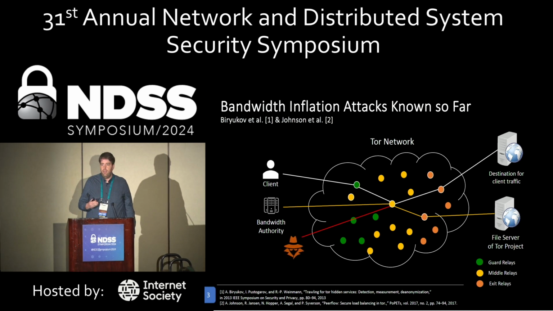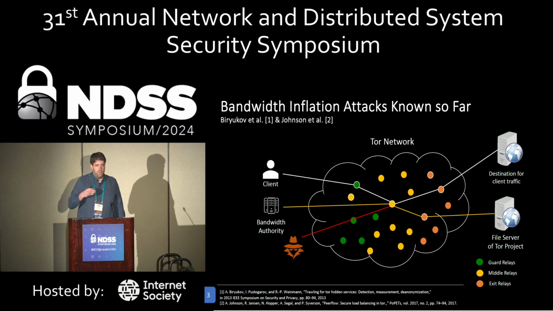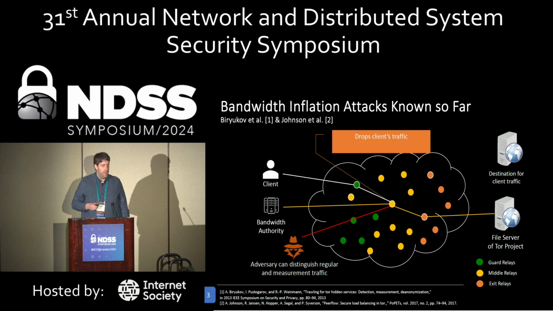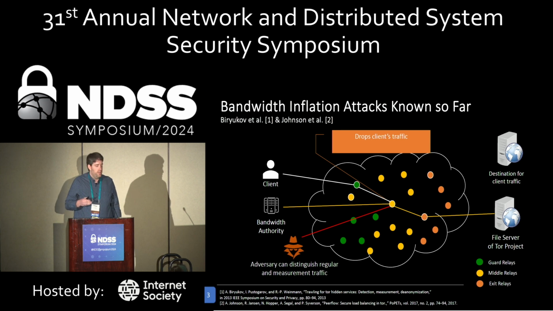Now, if an attacker controls this middle relay, here's an important note from the related work: an adversary can distinguish between regular and measurement traffic. Once the attacker is capable of that, he can drop the client traffic, thereby decreasing the load on the node, and thereby allowing more bandwidth for the bandwidth authority to use for the bandwidth measurements.